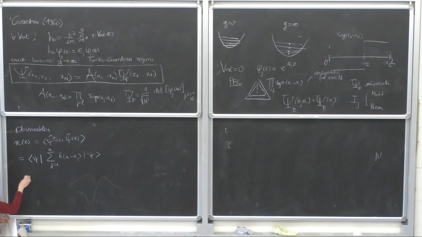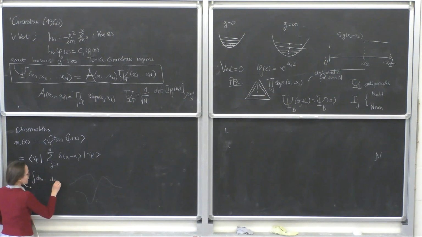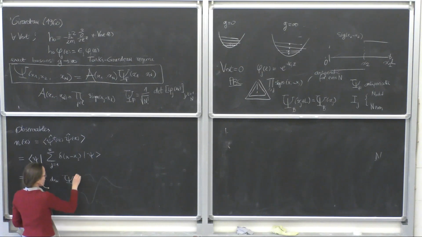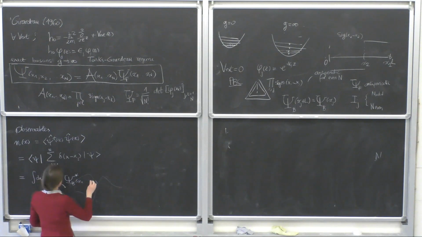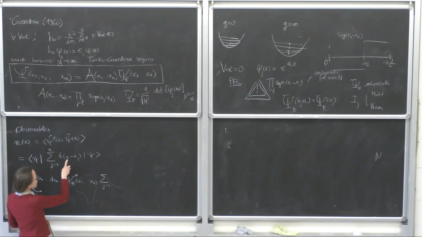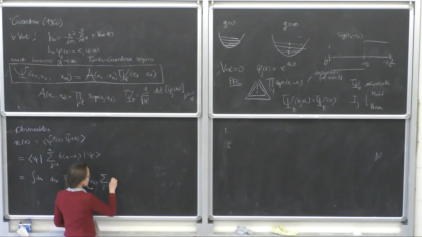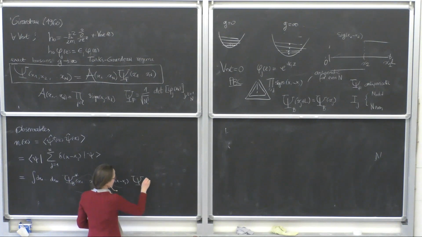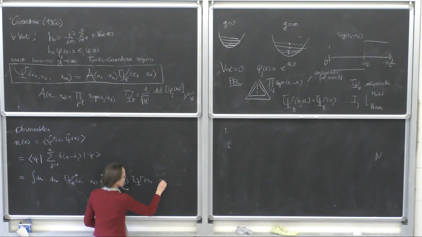How to calculate this? Well, I plug in the Girardeau solution for the wave function. So this is the integral in x1 to xn of the wave function psi star, the bosonic one, of x1 to xn, times this operator, the sum of deltas. It checks if I have a particle xj at position x. And psi is the state x1 to xn.